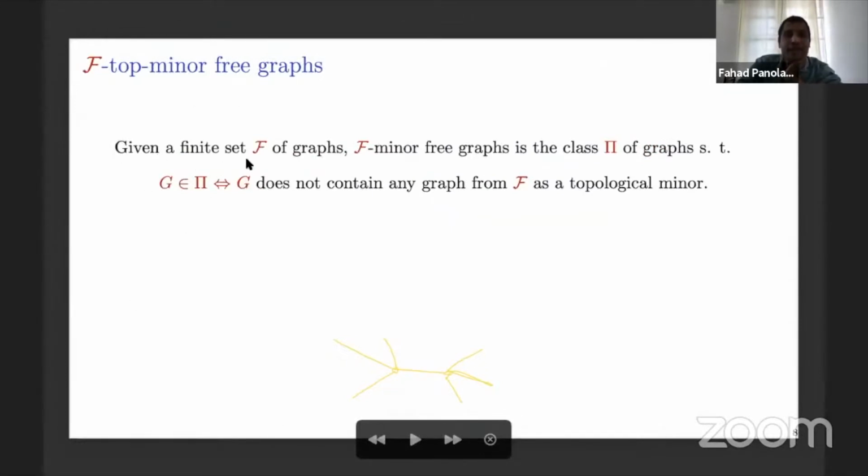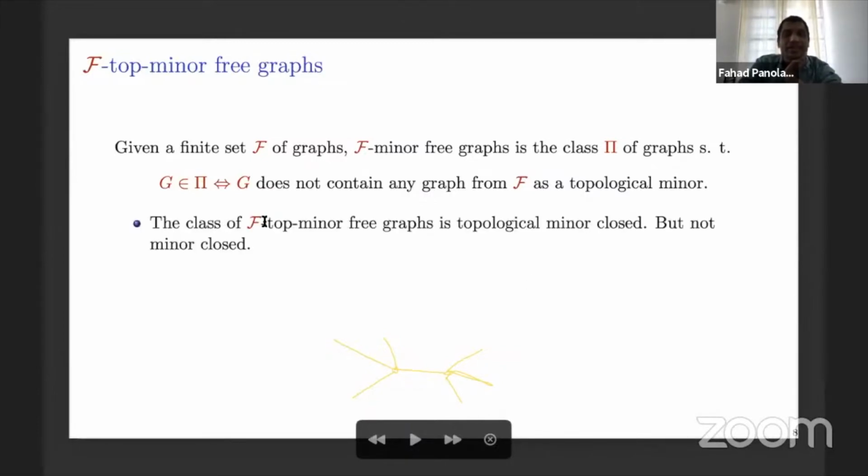Now, how do we define F topological minor free graphs? Oh, it should be F topological minor free, there is a typo here. A class of graphs pi, G in pi, if G does not contain any graph from F as a topological minor.